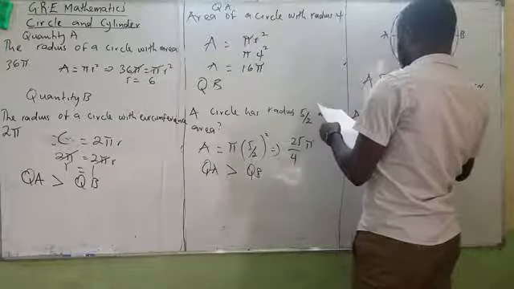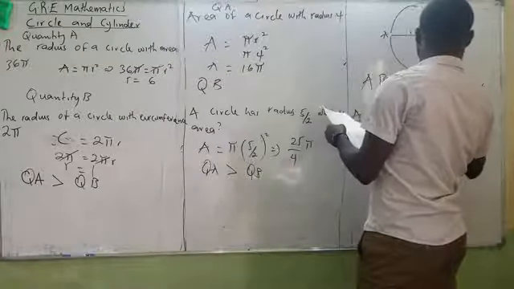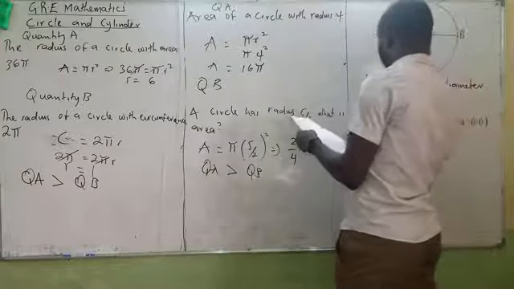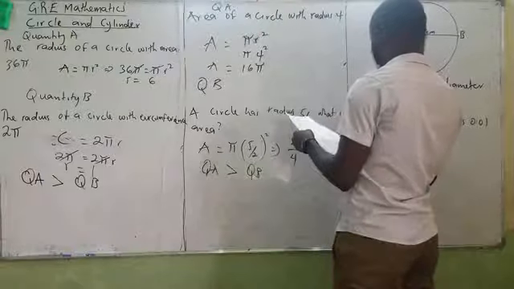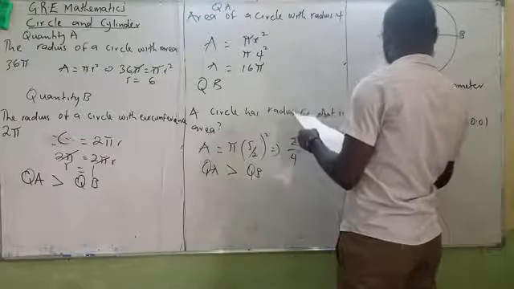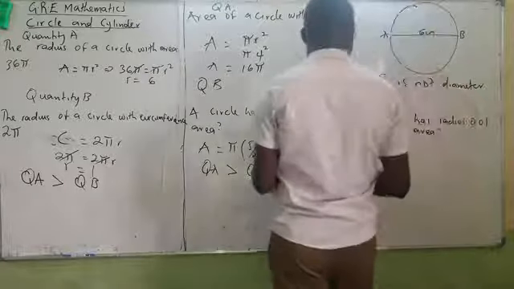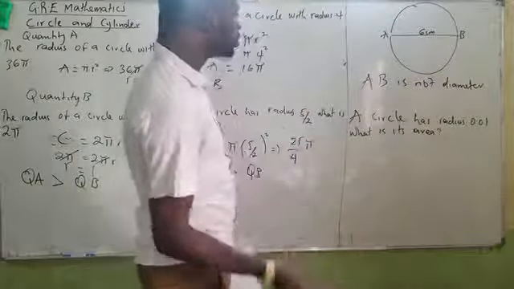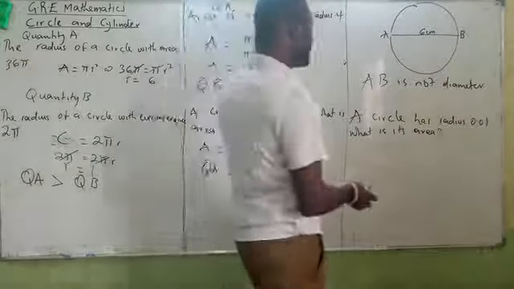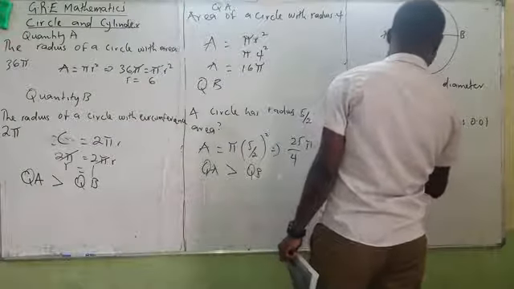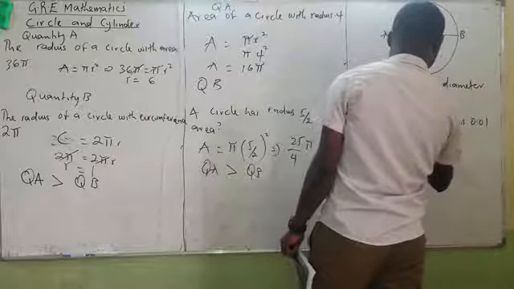And another problem: a circle has radius 0.01. What is its area? Area will be equal to pi r squared.